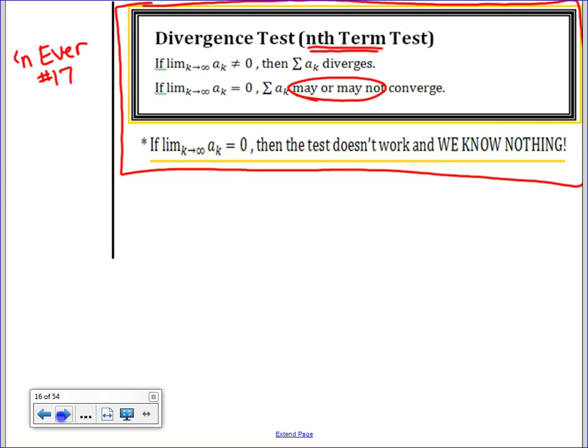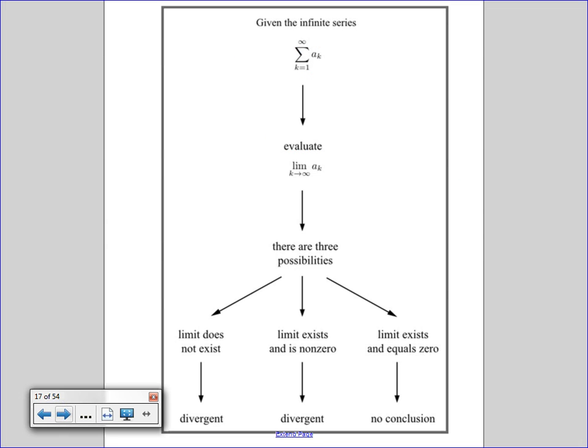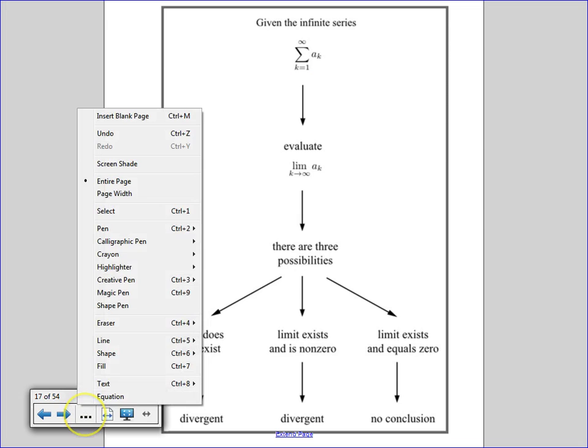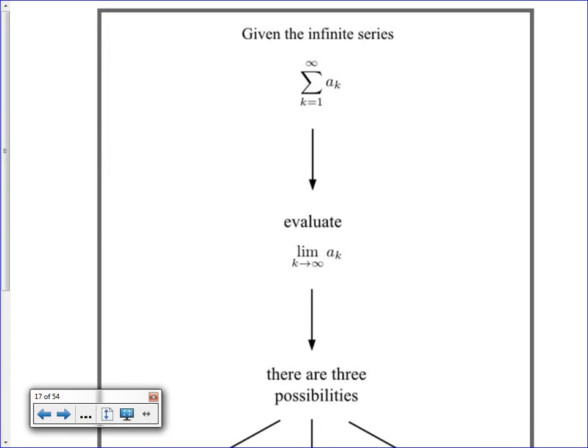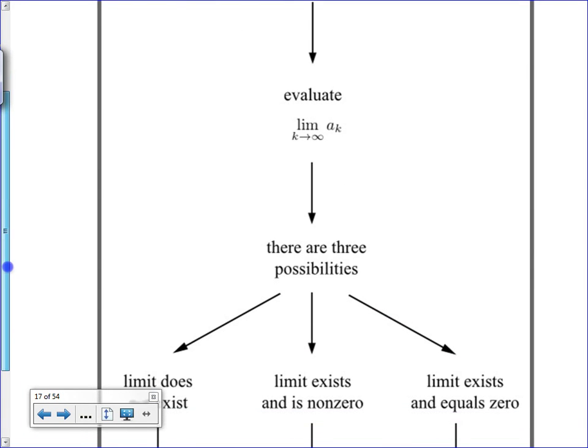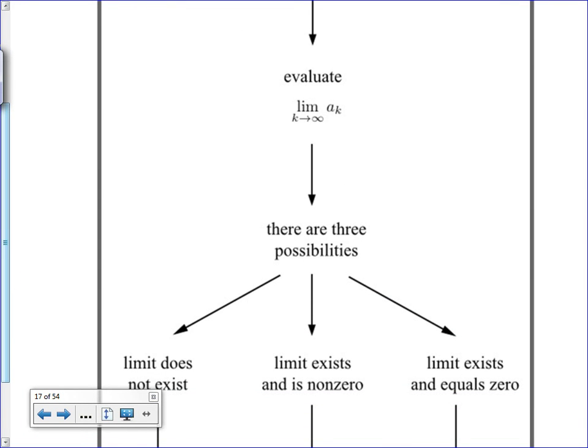But first, can I show you a quick little flow chart? Kind of a flow chart. At the very beginning, what are you given as a problem? A series, right? And a series shows terms. First term, second term, third term, fourth term, plus. First of all, take the limit as you go to infinity of the terms.